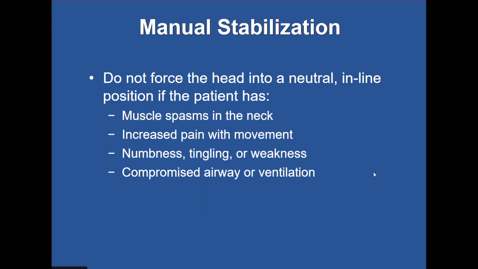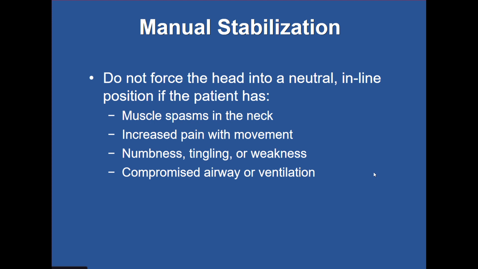All right, if they're not in a neutral position, and of course we're moving them into that neutral position, if you meet resistance, stop. It could be that there's a fracture there and you would actually do more damage by moving it. It could be that muscles are spasming so hard that it does not allow that movement.